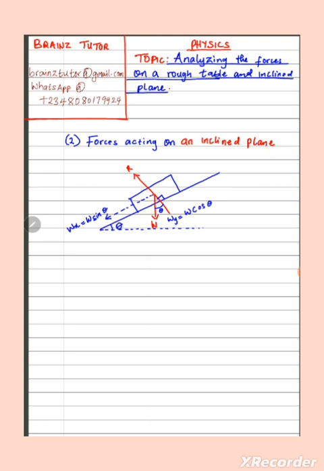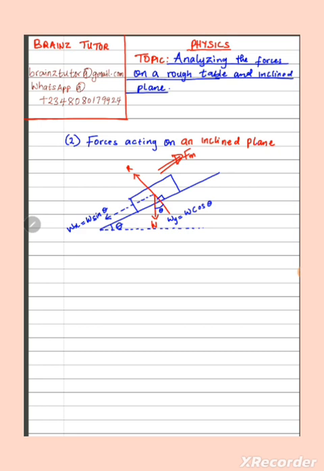So the next thing we need to know is an original force Fm. Fm is the force that is initially applied to move this block up this inclined plane.